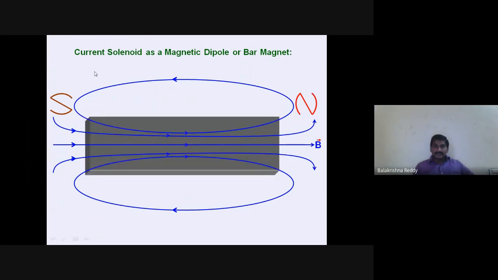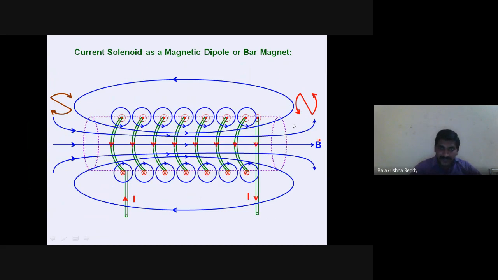Next, in the same way, here you are seeing the bar magnet. With respect to the bar magnet, the south-north direction is the same as for the solenoid also. The pattern of magnetic field lines is non-uniform, the same: entering at the south pole and leaving at the north pole. That is also found in the solenoid.